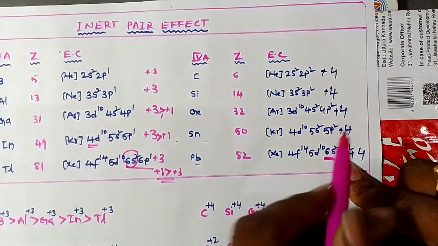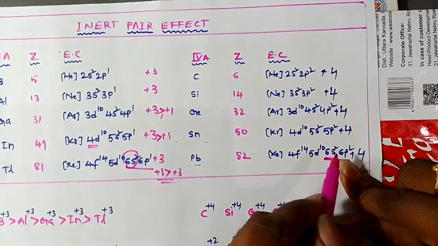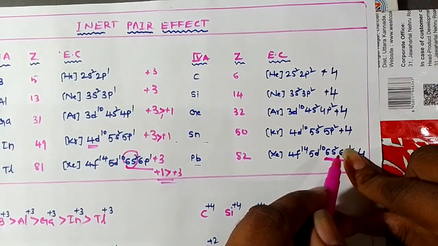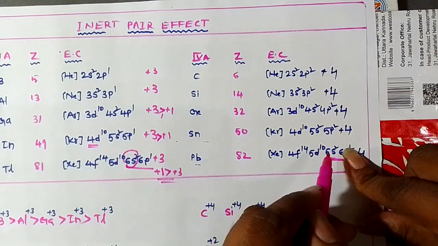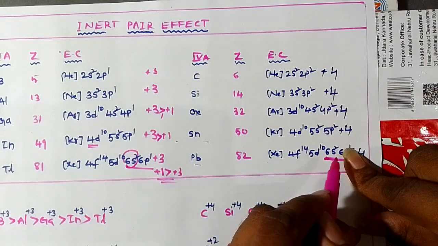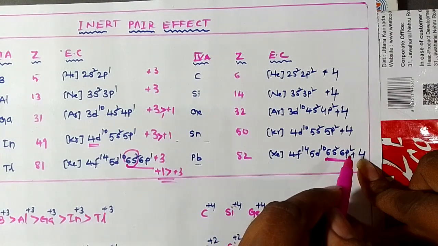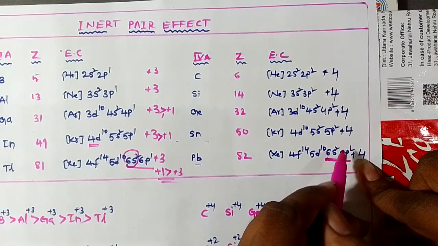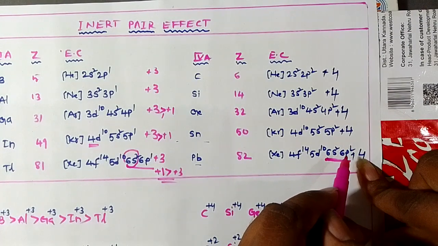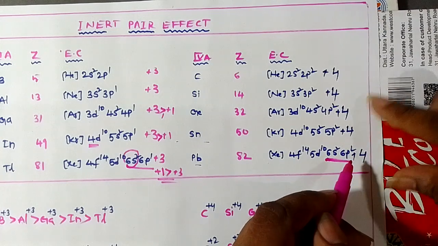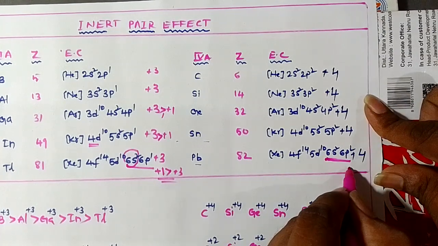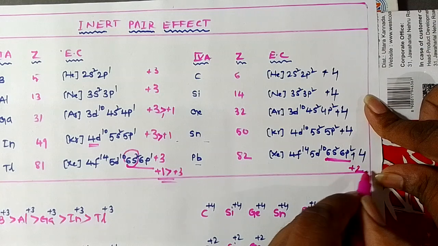So these two electrons in the s orbital are under the influence of the nucleus. That's why these 2 electrons have no interest to participate in bond formation. Only the two p electrons have interest to participate in bond formation. That's why it can exhibit +2 oxidation state along with +4.